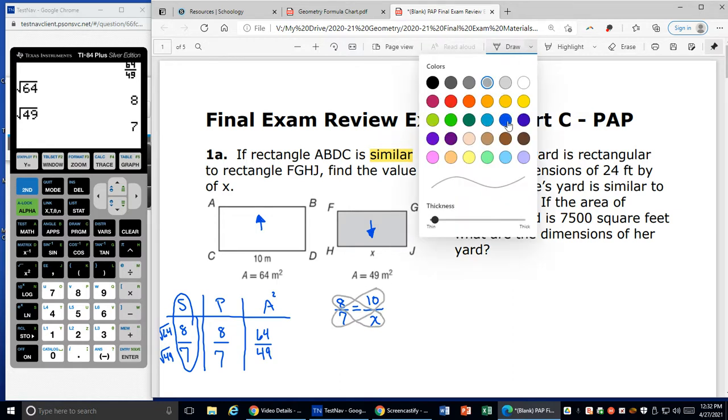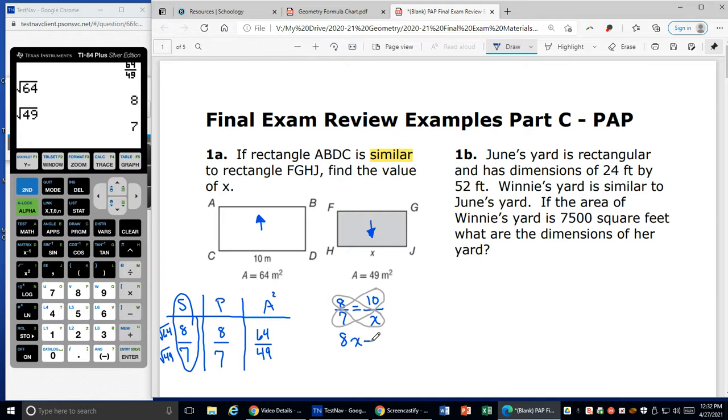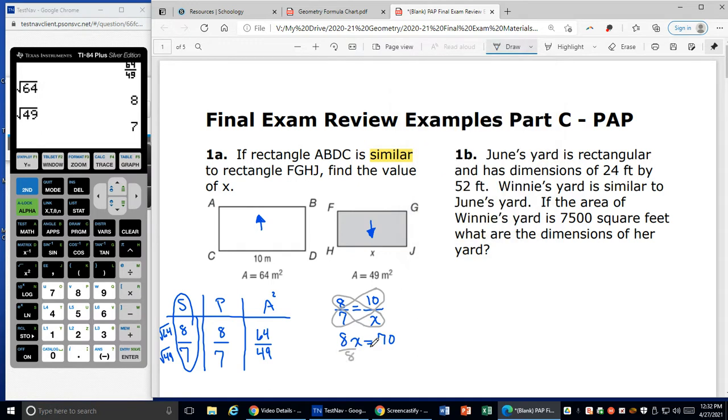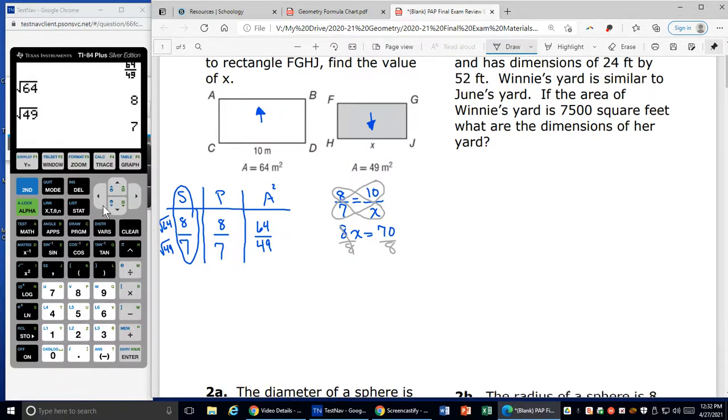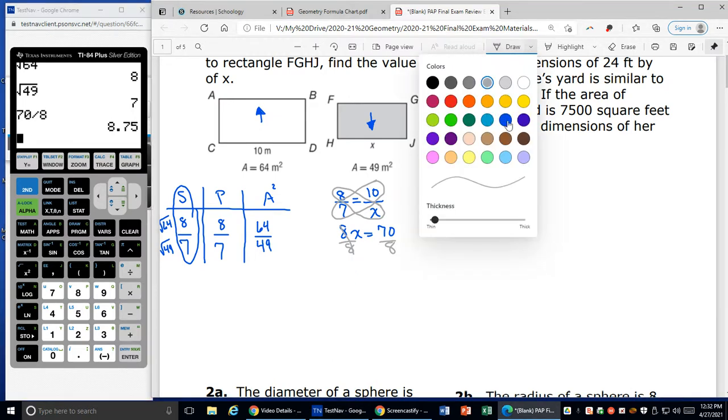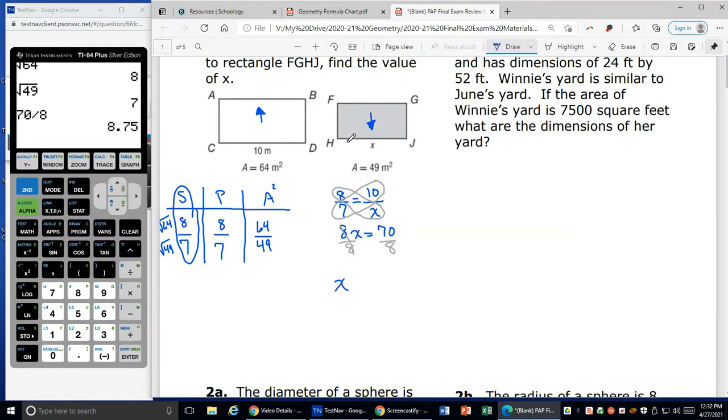So 8X equals 70. Divide both sides by 8, and 70 divided by 8 is 8.75. So my value for X, the length of this rectangle, is 8.75. My units here are meters.